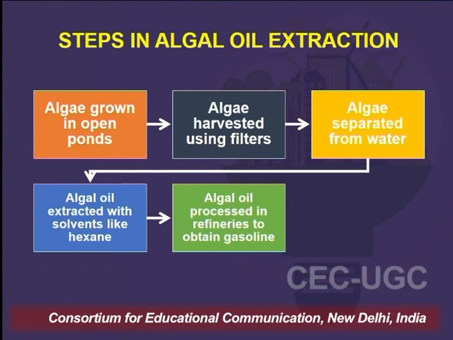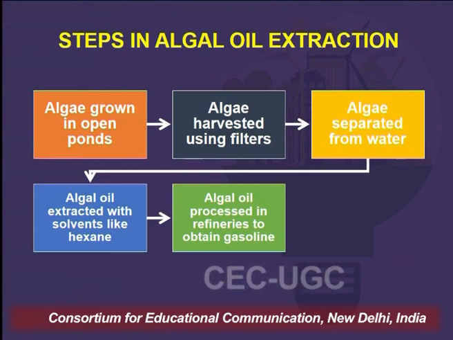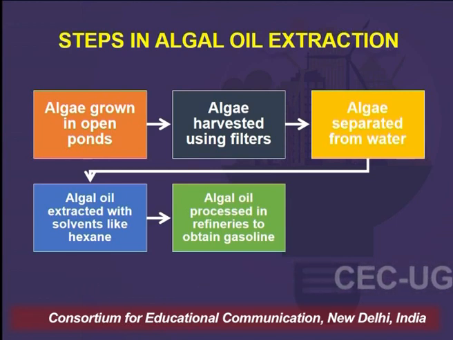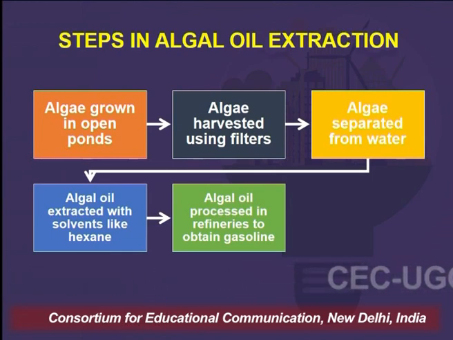These are the steps involved in algal oil extraction from algae which is growing on the surface of water bodies. First of all, algae is grown in open ponds, specifically for use in the production of energy.